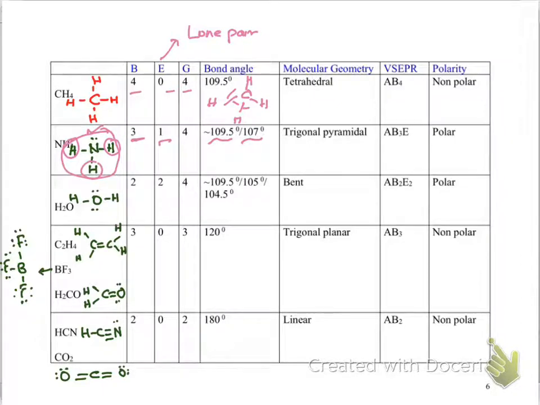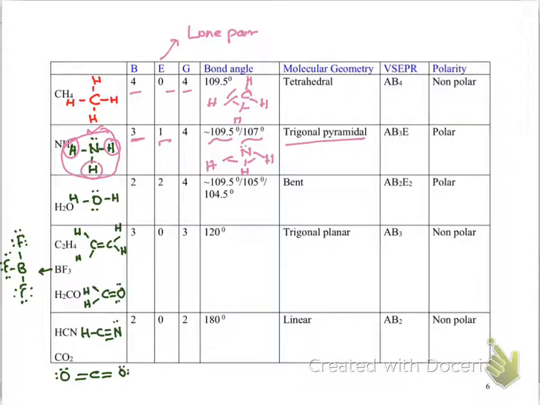So if I have to draw the structure of ammonia, I should be drawing it like this, because this is what a trigonal pyramidal shape looks like, with these bond angles as 107 degrees.